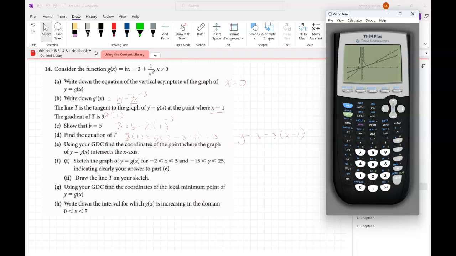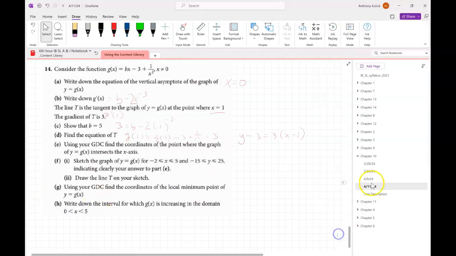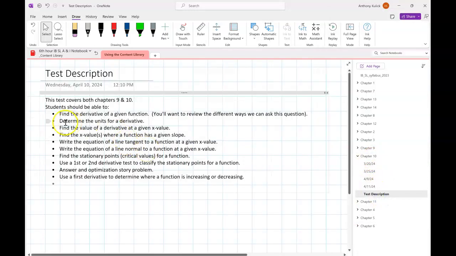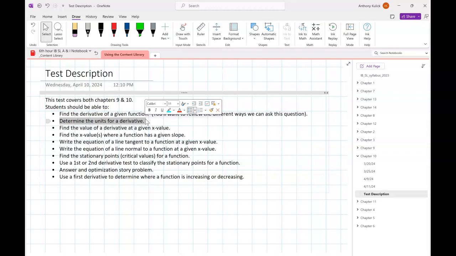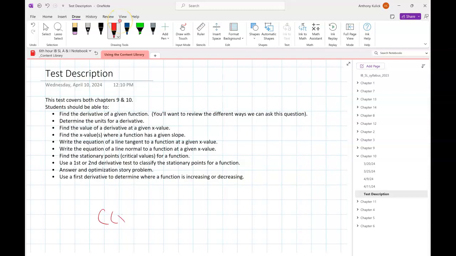Oh, hey, here's the thing. We forgot to talk about one other thing. There was one thing in here we said we'd get to, we didn't ever get to. Units for the derivative. So if my function is like c of x, where c of x is dollars and x is like units, well, let's not say units, let's say things.